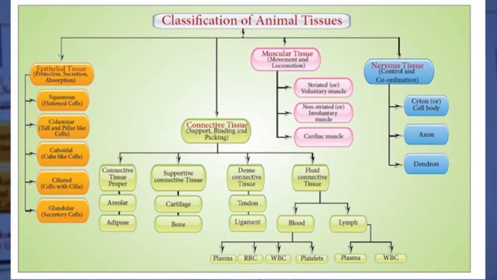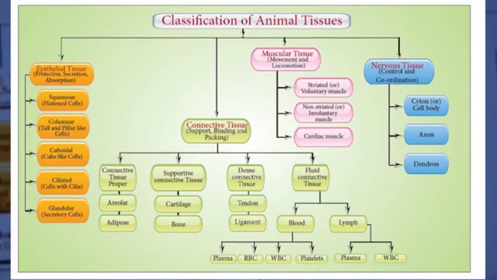squamous epithelium, cuboidal epithelium, columnar epithelium, ciliated epithelium, and glandular epithelium. Epithelial tissues are classified into squamous, cuboidal, columnar, ciliated, and glandular epithelium.